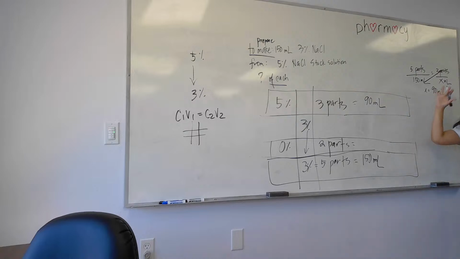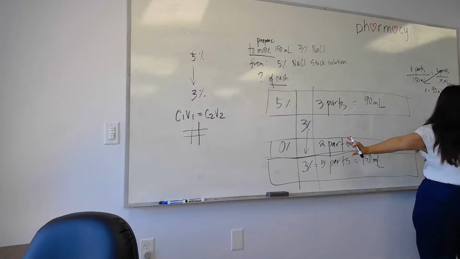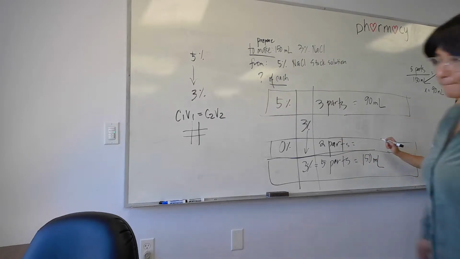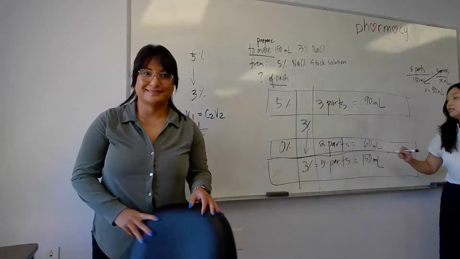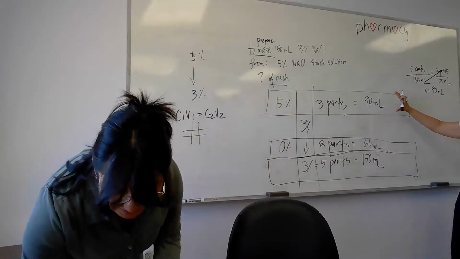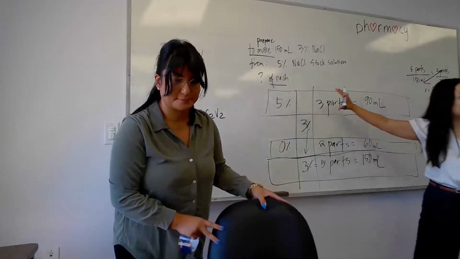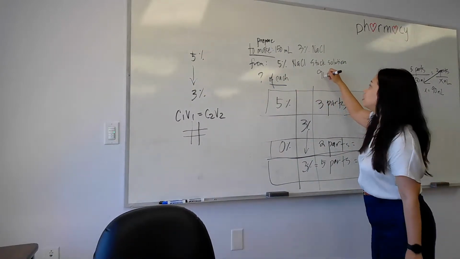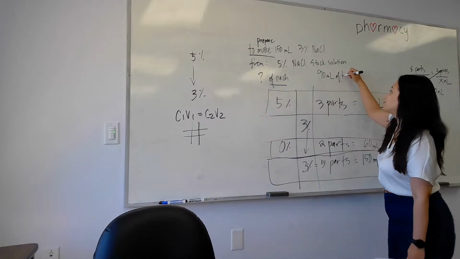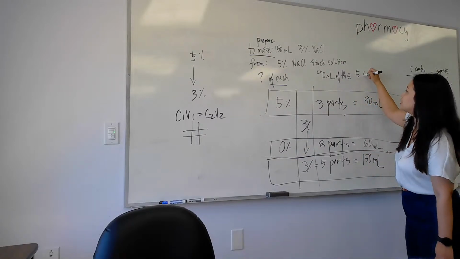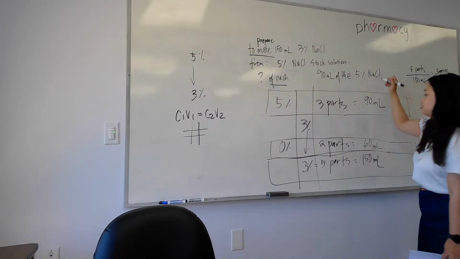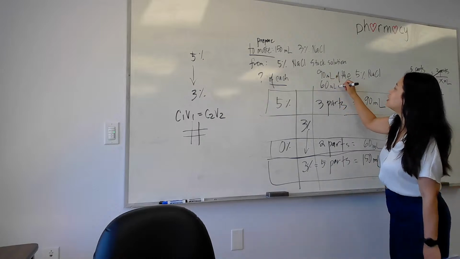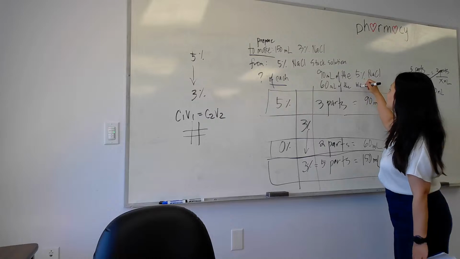I can continue doing ratio and proportion to solve this part, or I can simply do 150 minus 90, which is 60 ml. And this means that you need 90 ml of the 5% NaCl, and you need how much? 60 ml of the water. That's why the box is important.